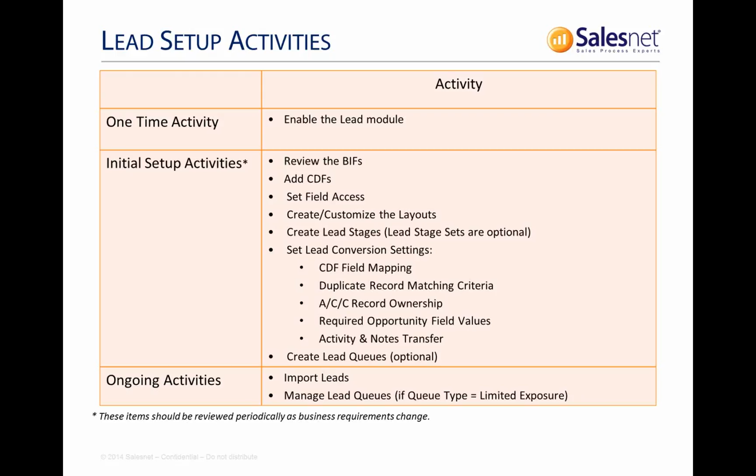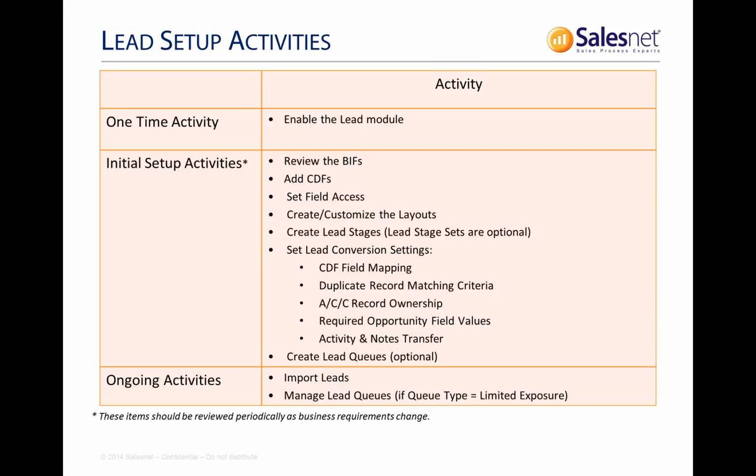And so you can specify which fields the system looks at to prevent duplicate records getting created in the account, contact, opportunity area. We can require certain ownership or field values when we create opportunity records. We can preset that.